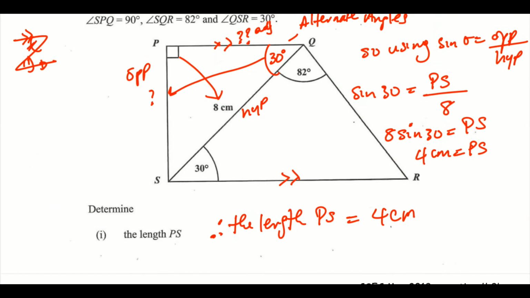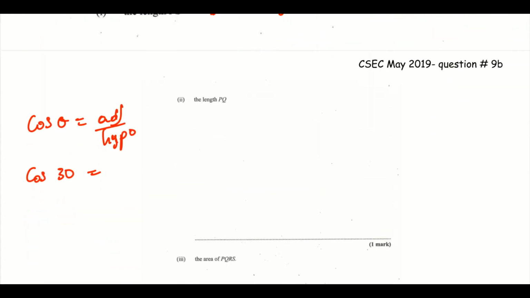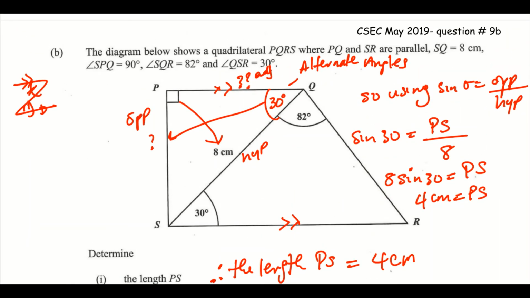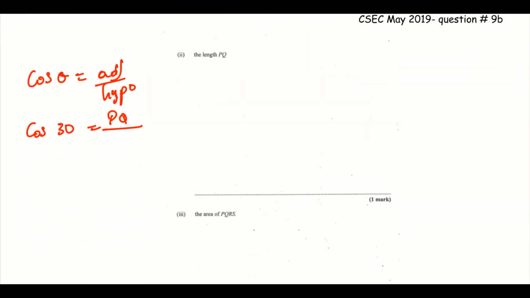What's the adjacent side? Let's look back. The adjacent side is just PQ, that's what we want to find. PQ, and our hypotenuse is 8 centimeters. So to find the side PQ is going to be 8 cos 30 is equal to PQ.